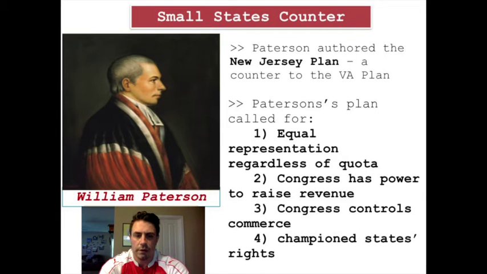And then also, like I said, in a lot of cases, Paterson and others like him were ardently against the idea of an all-powerful federal government, especially an executive branch. But the New Jersey Plan and the Virginia Plan are just really the quintessential example of how the constitutional debates worked.